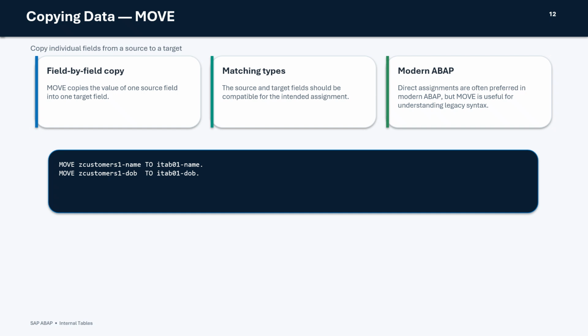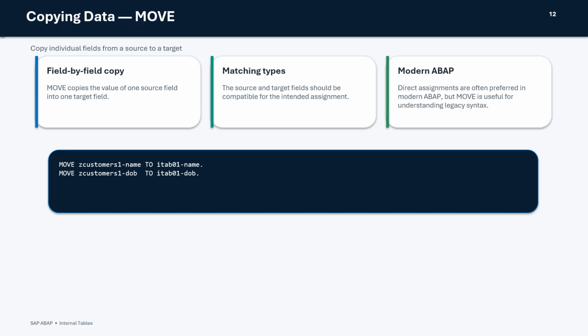Here you can see g_customer1-name to itab, which is another table. g_customer is one table and itab is the other. The name is moved to this itab, and in the same way the DOB is also moved to the other one. This is how we copy data from one place to another.